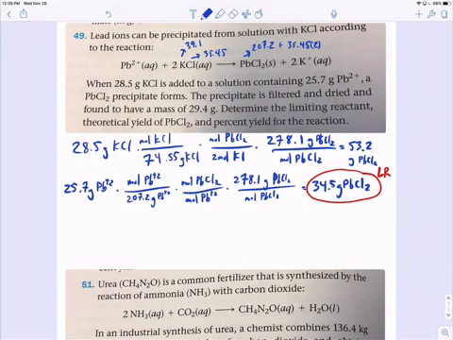And then determine the limiting reagent, theoretical yield, and the percent yield.